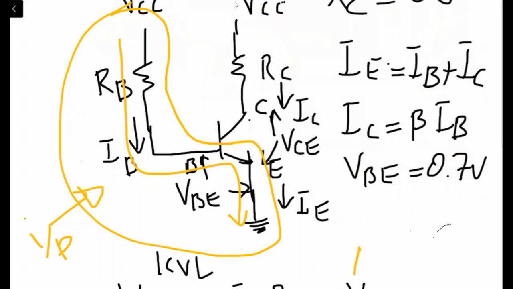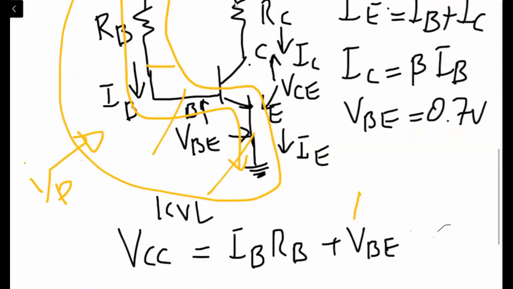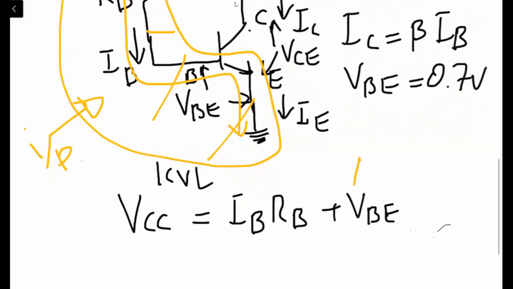And the current flowing in the base resistor is IB. So the drop over here will be RB times IB, and then we have a drop between the base and the emitter junction, which is VBE. Therefore, the equation which we are getting over here is VCC is equal to IB RB plus VBE. Are you with me now?